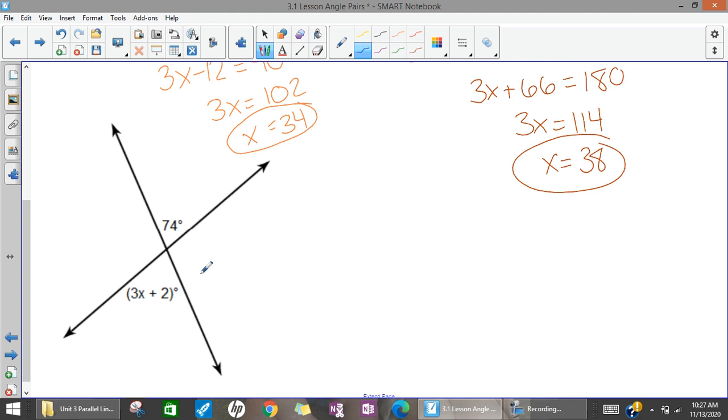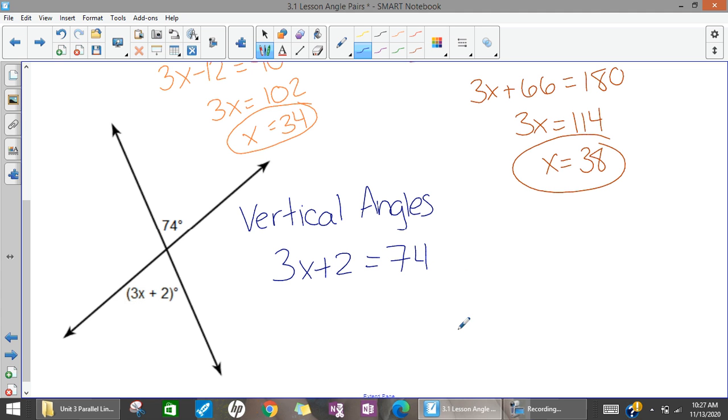Here in my last one, I have vertical angles. They're across from each other. And what we said earlier was that vertical angles are congruent. They're equal. So I should say that 3x plus 2, that angle should be equal to 74. And so now I can solve this. I can subtract 2.